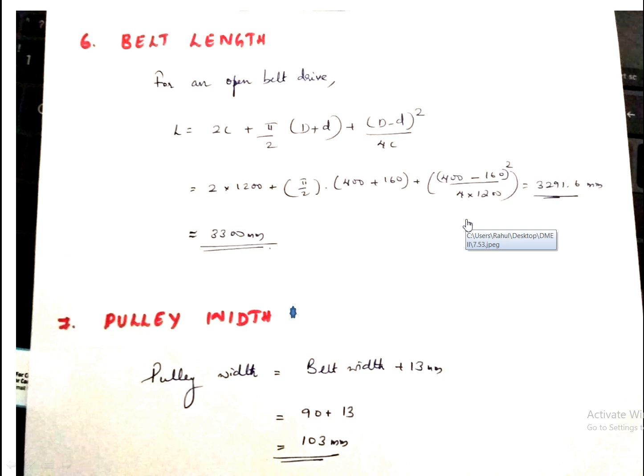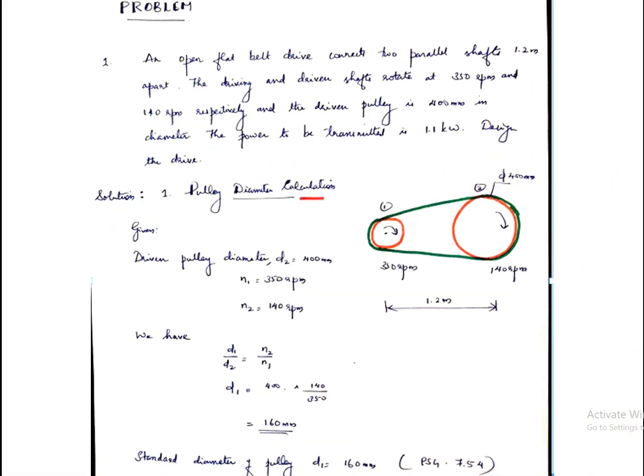So that's it. This is the basic design procedure for a flat belt pulley. It is a very simple method. While doing a problem, one way in which a tricky question can be asked is that the question says both the pulleys are rotating in opposite direction, instead of stating a cross belt pulley. Both pulleys can rotate in opposite direction only when they are connected in a crossed belt connection.